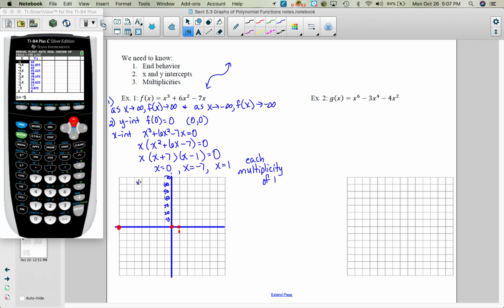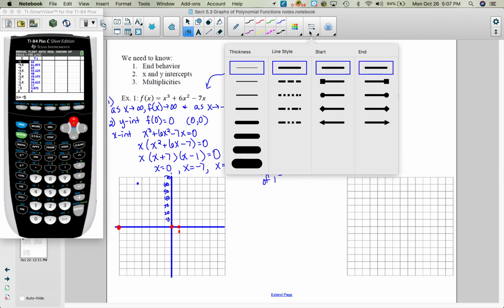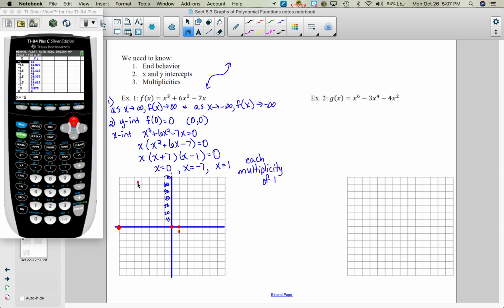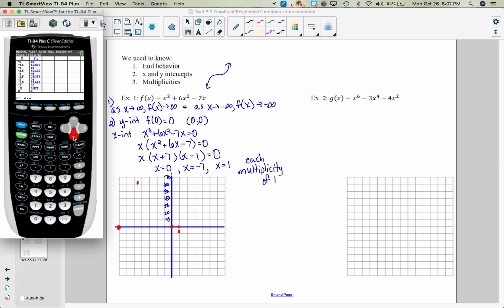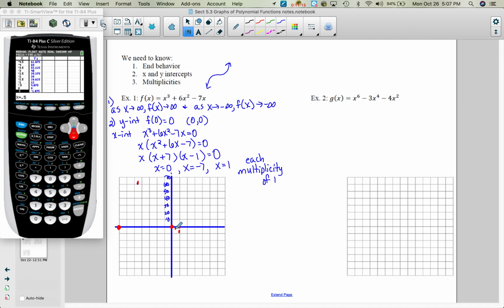And again, I'm just approximating. I guess I should have stuck with my red since I was doing that. And then in between the 0 and the 1, I forgot what it was. It was negative 1.875. So remember, if this is negative 10, it's not very far down.